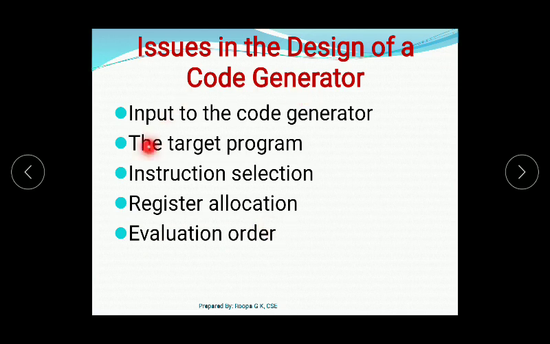So these are the main issues of a code generator. Students, please consider this a very important topic. You can go through your question paper. In each and every question paper you have a question like explain issues in the design of the code generator, for either 8 marks or 10 marks. Once you understand the concept, you can easily write the answer.